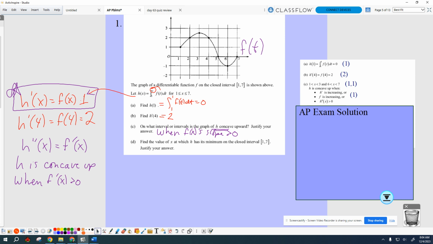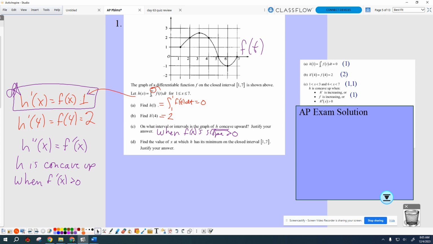And then Alex saying, well, your reasoning for why this interval is correct, something relating H and F together, and that you're checking. So either that H prime is increasing, or F is increasing, or H double prime is positive. And we needed this part somewhere.